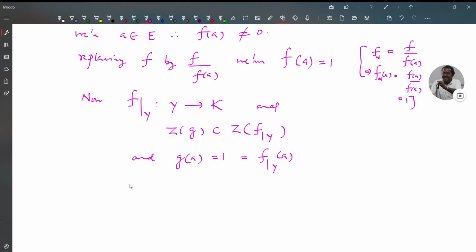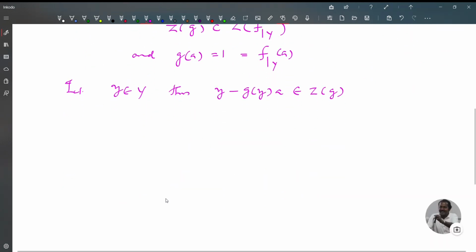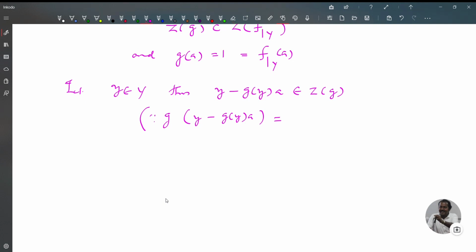Now let y belong to Y, then y minus g of y into a belongs to the zero space of g. This is because g of y minus g of y into a is equal to g of y minus g of y into g of a.